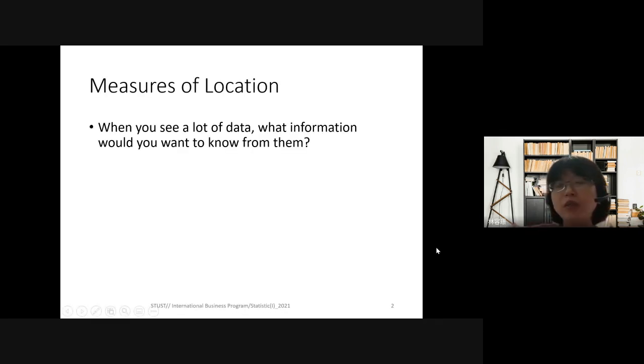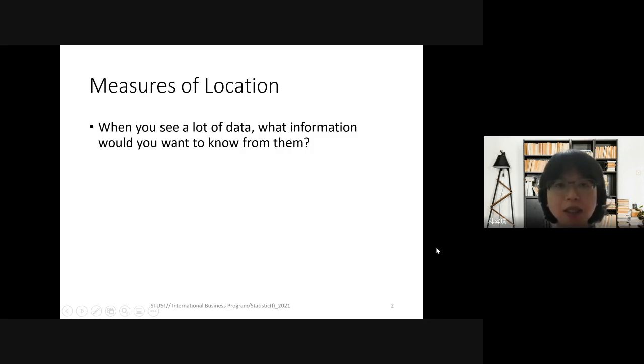Now, if we know how to present the data by figures, tables, and diagrams, then we also need to know how to calculate some of it to get further information we would like to know.